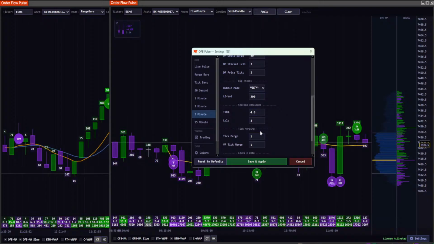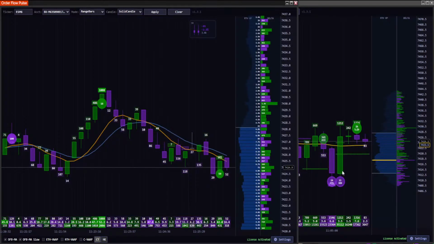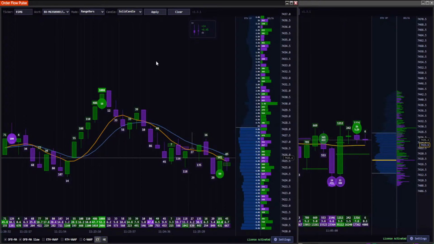Stacked and balanced 4-3. Okay. I mean, if it's set to 4-2, then you start seeing more. Like I say, 3 is a little high for the ES. Okay. A little high for the ES.